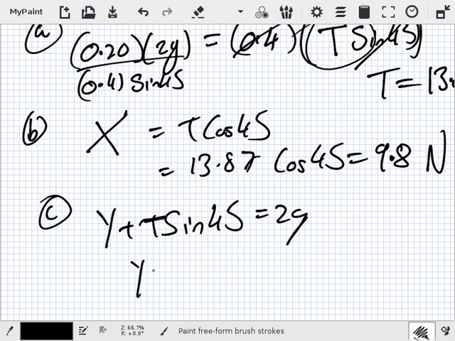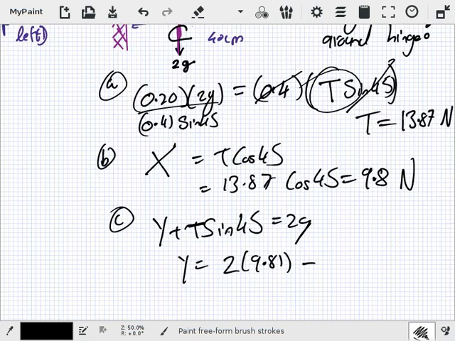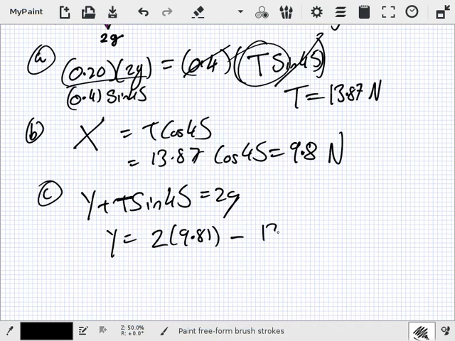So that means Y equals 2G minus T sine 45, which is 13.87 sine 45. Sorry, my handwriting's a bit messy there. That's a plus T sine 45.